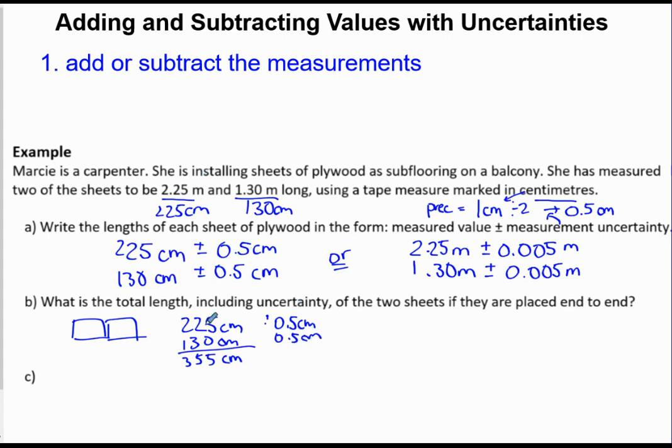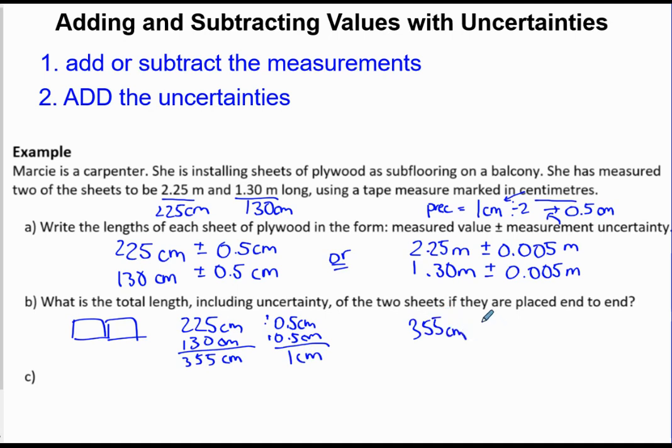And no matter what you have, either adding or subtracting, you will always add the uncertainties. So half a centimeter plus half a centimeter, I get 1 centimeter. So my total length is 355 centimeters plus or minus 1 centimeter. Okay, so it could be 356 long or it could be 354 long.